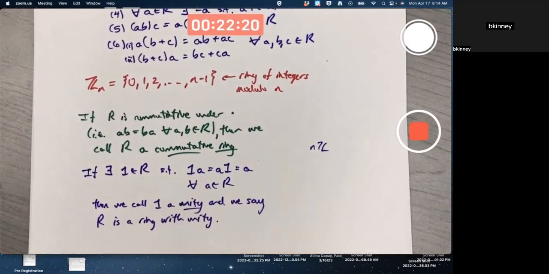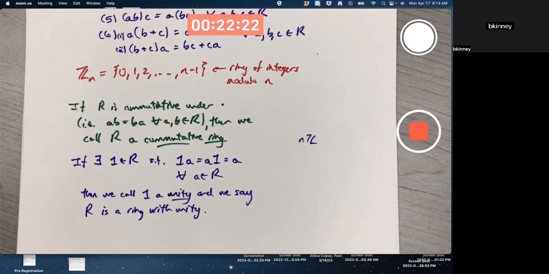Are there rings with unity that are not commutative rings? Yeah. Matrix rings that include the identity matrix. The identity matrix, right? Ones along the main diagonal, zeros elsewhere, would be the unity of a matrix ring. For example, the ring of 2 by 2 matrices with integer entries, or with real entries, or rational entries, or complex entries.